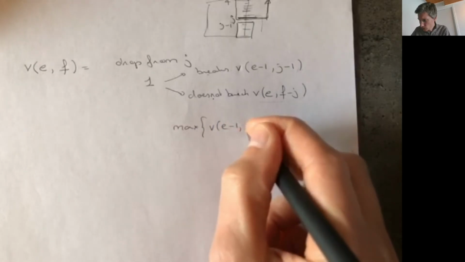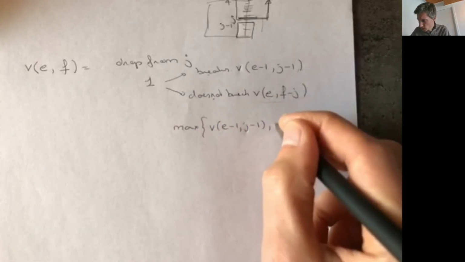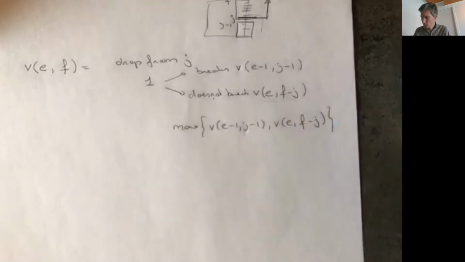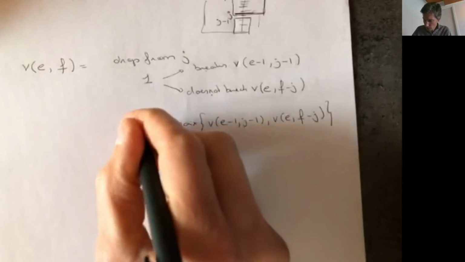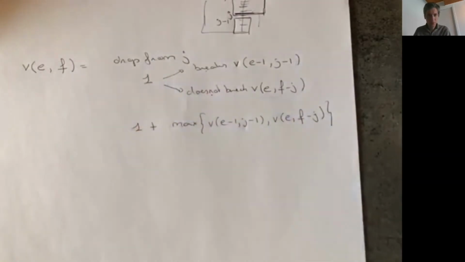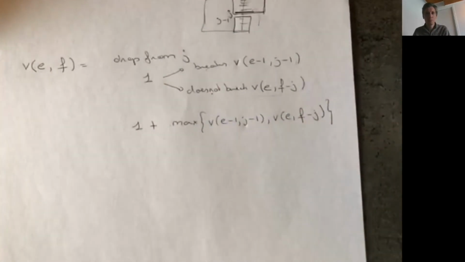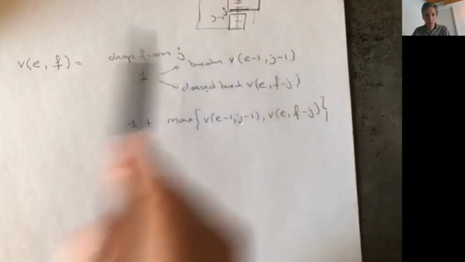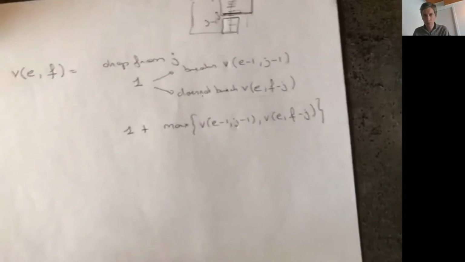E minus 1, J minus 1, and V E F minus J. Okay, and then of course I have 1 plus this thing here. So this is more or less my Bellman equation, except that here I chose the floor j from which I drop the egg.